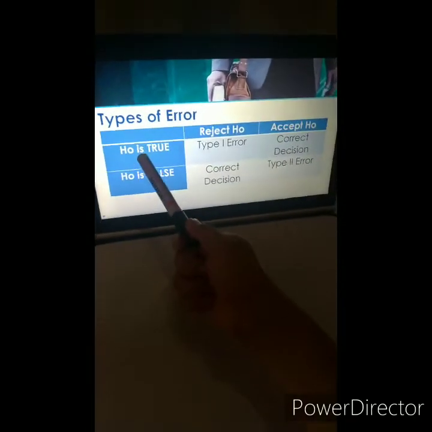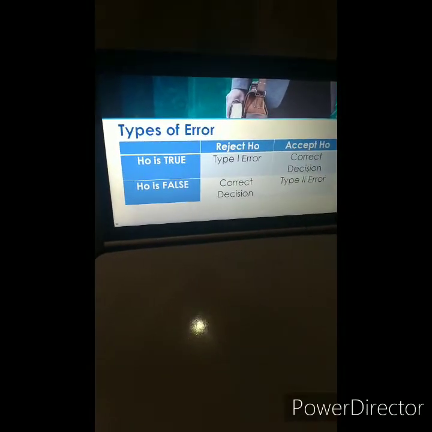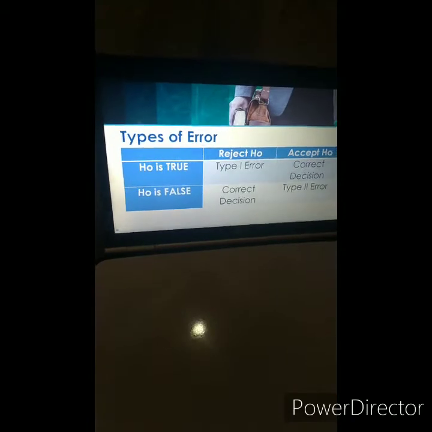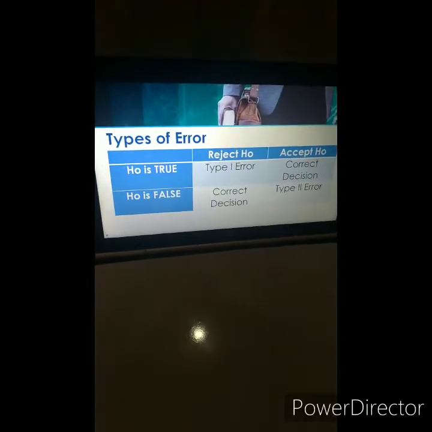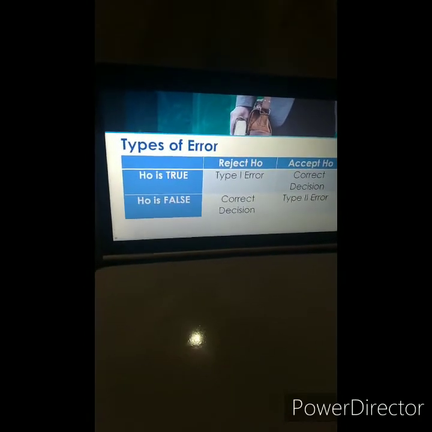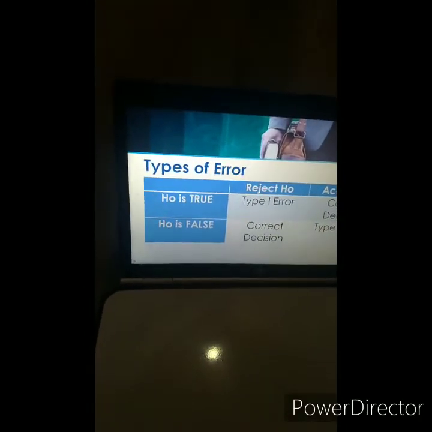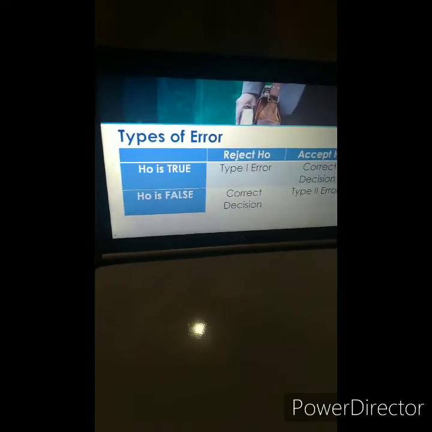For the type 1 error, the null hypothesis is true, but you reject the null hypothesis. Example: let's say, for example, we have Peter. Peter was a suspect of a murder crime, but actually, in reality, Peter is innocent.